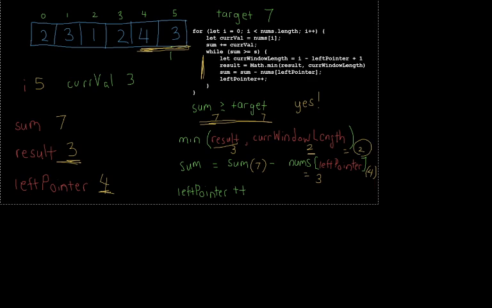And so you look at the sum, because after you do that, you have this line where you subtract, and left pointer is currently at 4, right? So you can actually take out the value 4. So 7, which is the sum, minus 4, you get 3. So you know you're going to bust out of the while loop. Left pointer plus plus.